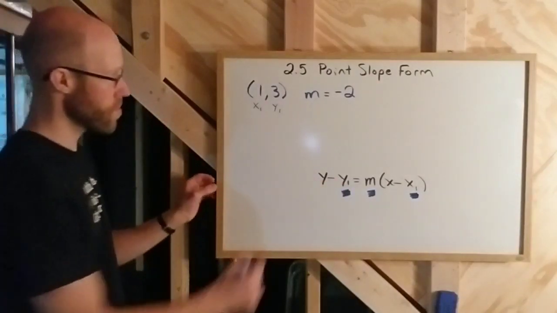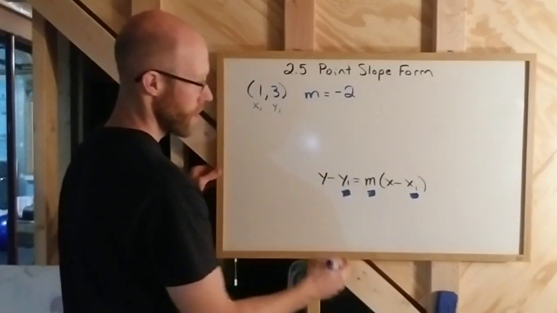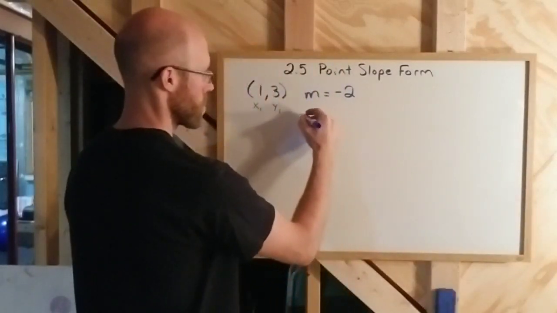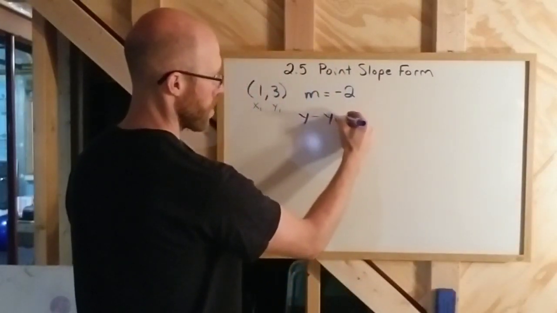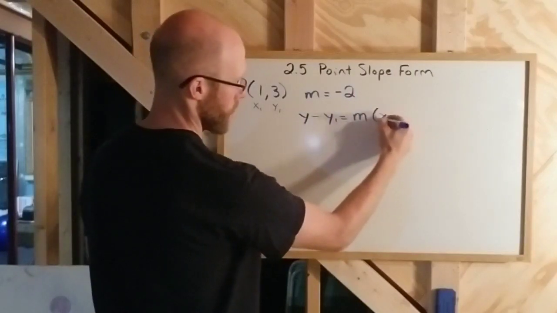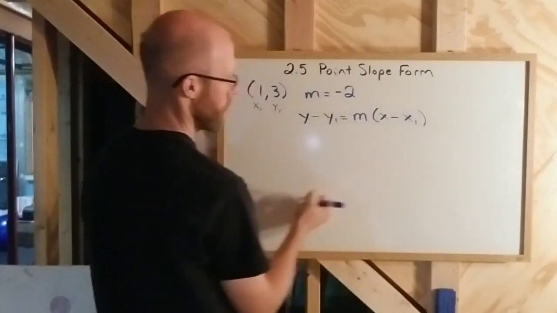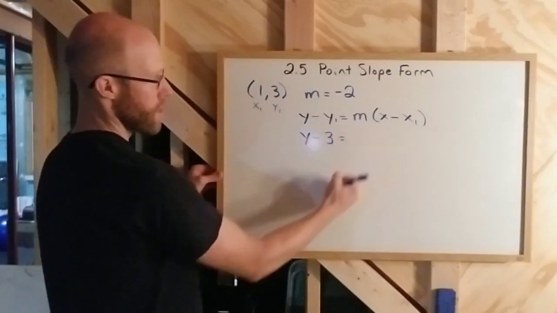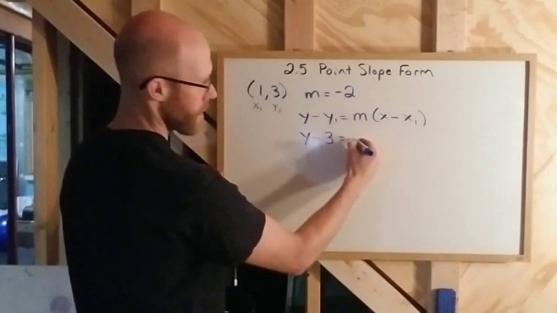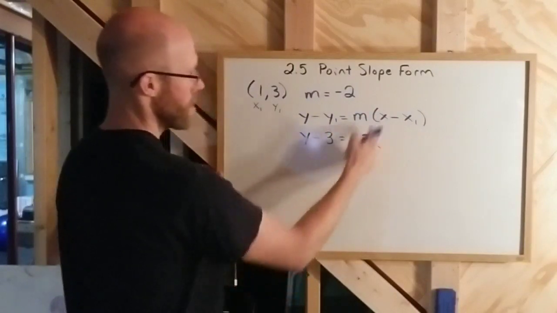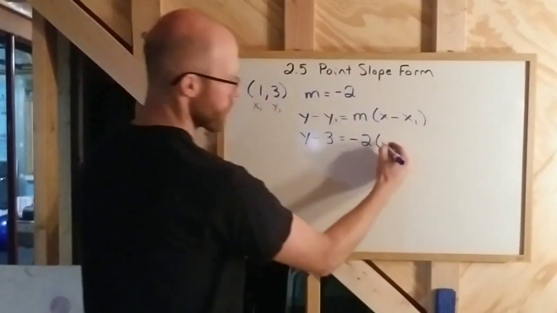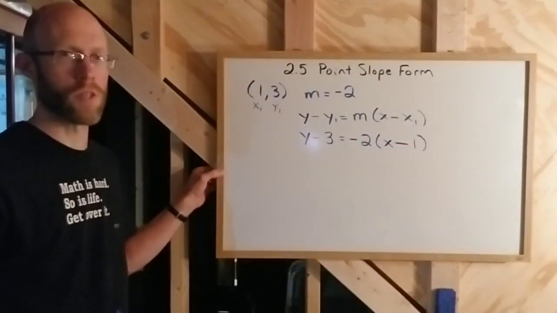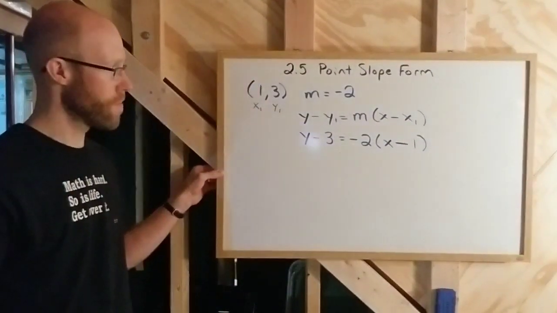Here's my formula, and maybe I'll rewrite that just so it looks nicer. So I start with y minus y1 equals m times x minus x1. My y1 is 3, so we get y minus 3. M is -2. And x1 is 1, so I have x minus 1. So I'm just filling in the three values.